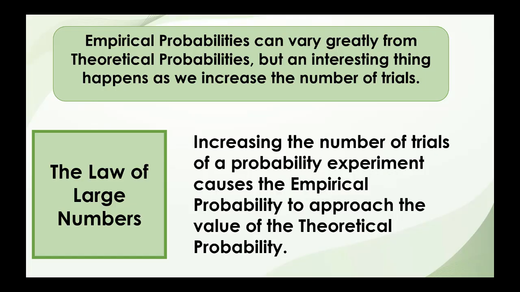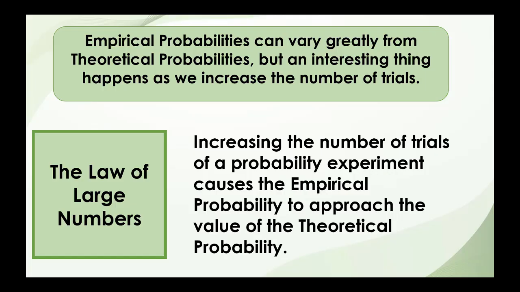So what does that mean? If we look at that example with flipping the coin, where we flipped it 1,000 times and heads came up 571 times, what would happen if we flipped it 10,000 times or 100,000 times?